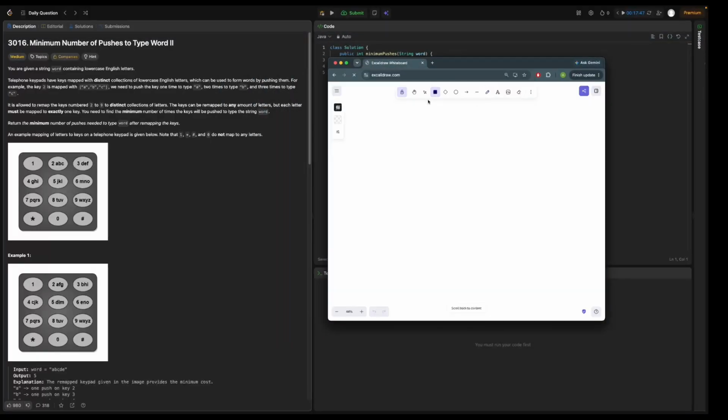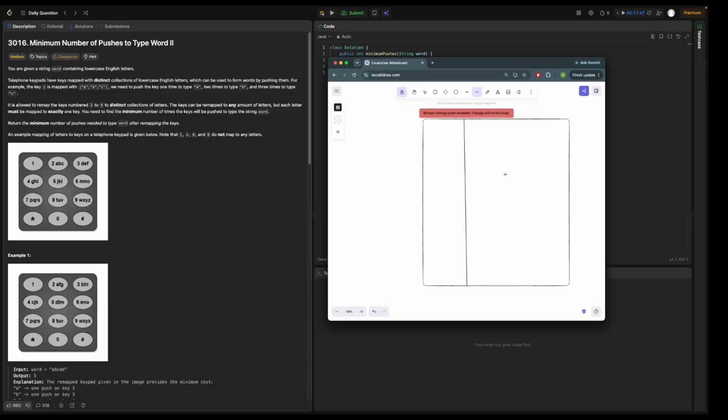So we have our keypad, right? Let's think of this as a mobile pad, and let's say it's 3 by 6, but now let's just deal with 2 rows. So let's say this is 1, 2, and 3. What if I have a word?